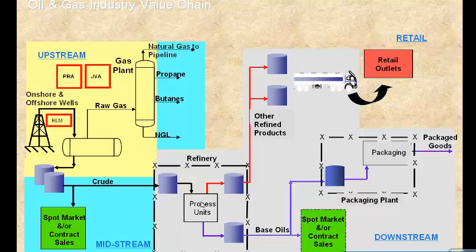We'll refine the crude into the final product fuels, and we can supply either to the retail business or to our own customers. In between, we have packaging materials. So all this retail business and selling to our customers will be covered under downstream.